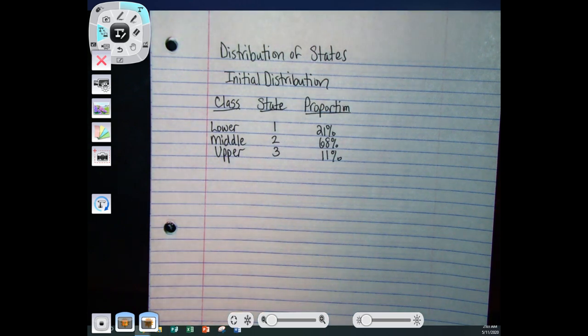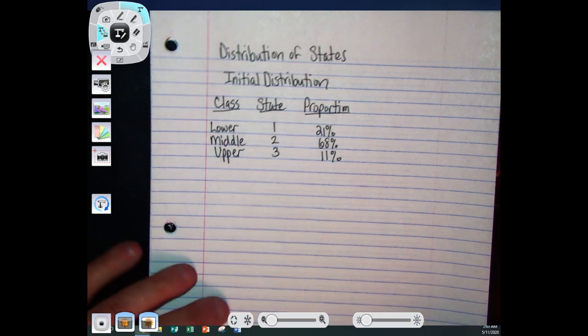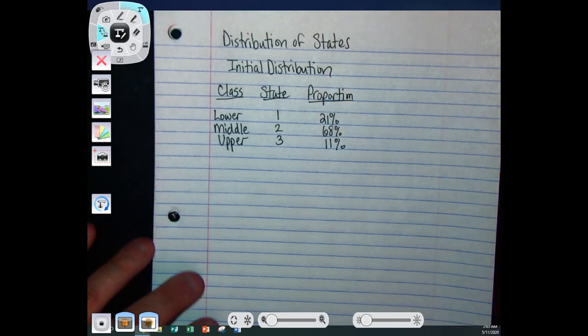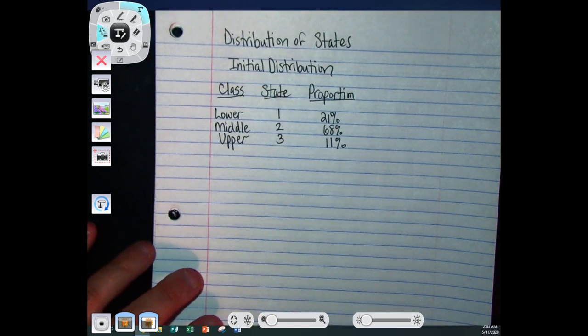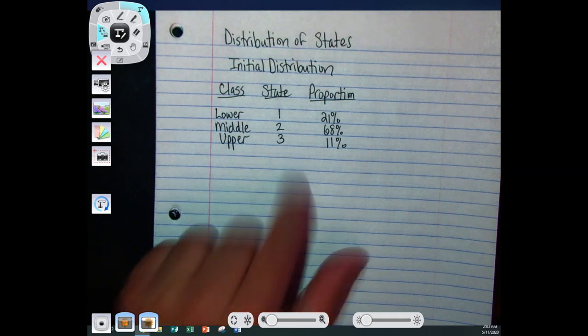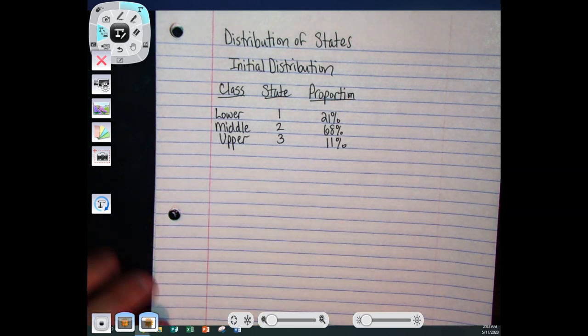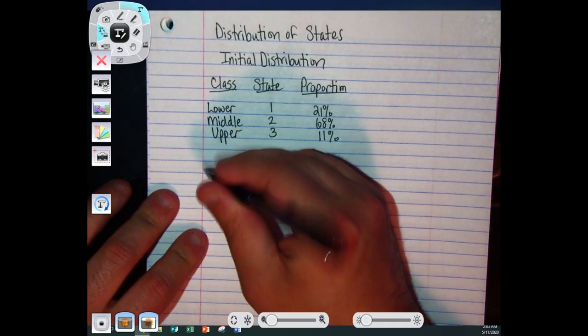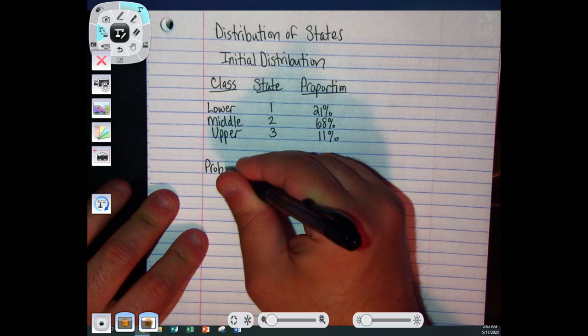Okay? So here, what we could do is use the idea of the transition matrix to help us determine the proportion, or the probability, of this initial distribution as we transition from one state to the next. In order to do that, we're going to write what's called a probability vector.